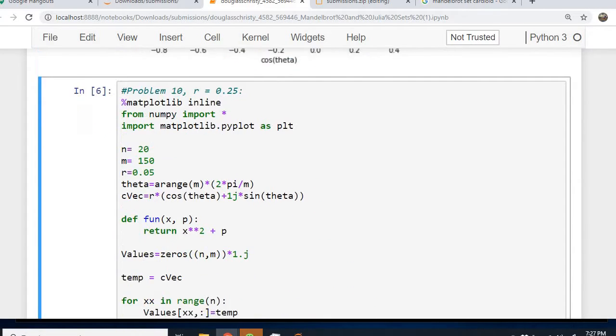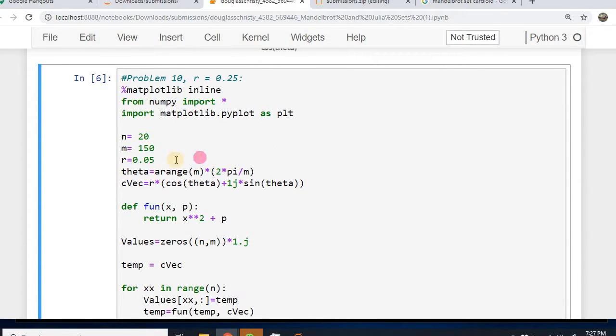Now, this is a circle with radius 0.05 with center at 0. Now, I want a circle with center at -1. That's where that -1 came from. All right. So let's see what's happening now.